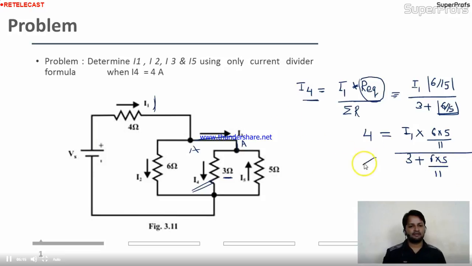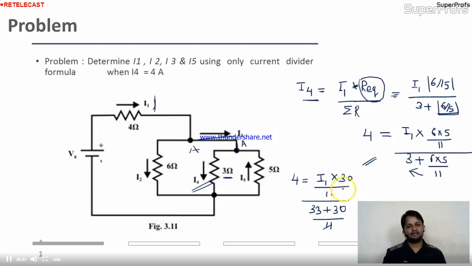Come here. This 4 equals I1 into 30 divided by 11. Here we take the LCM. It will be 33 plus 30 divided by 11.